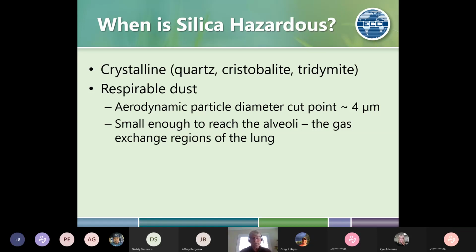And the cut point means you're going to have a distribution of dust, and I'll show a graph in a minute, but about 50% of the particles are larger than 4 microns, and about 50% are smaller. And that's the size range that we're really concerned with when it comes to crystalline silica. Larger particles tend to be pretty inert and not hazardous. So we're specifically concerned about that respirable portion.